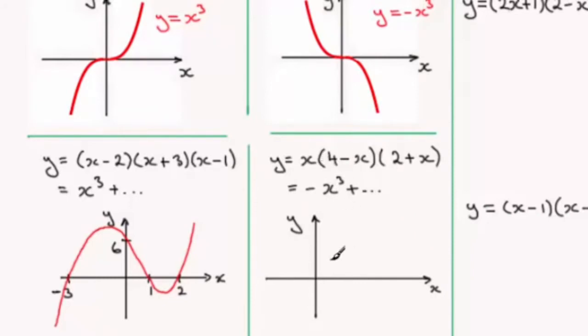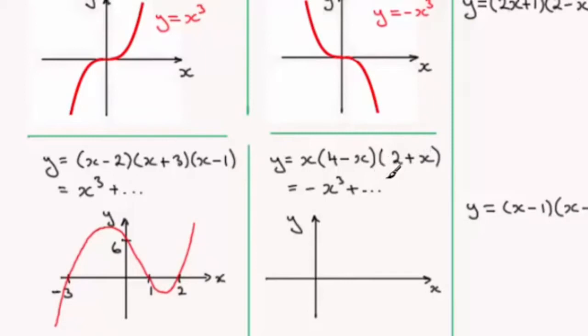Now where does it cross the x-axis? That's when y is 0, and when y is 0, either x will be 0 or this factor would be 0, that means that x would be equal to 4, or this factor would be 0, that means x would be minus 2.